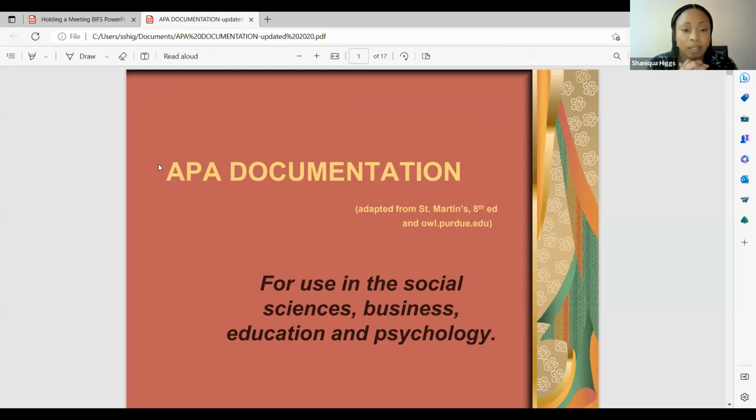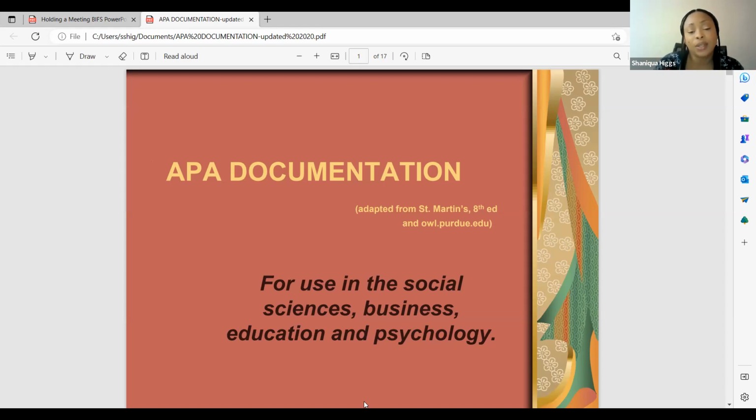Discussing APA documentation, we make a big deal about it at the university, most universities. It is a serious violation and may result in students being expelled from their college or university courses for using somebody else's work and not giving credit to the person whose work you're using.